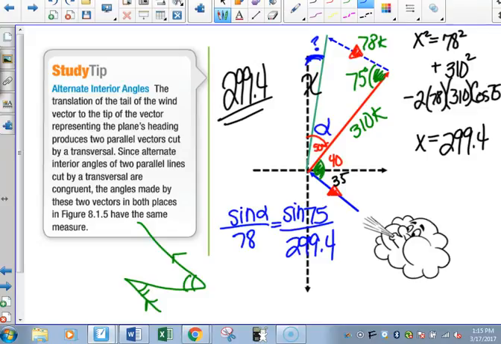Inverse sine. Nice use of vocabulary. 14.6 degrees. Anybody get that? Okay. But that's in our triangle. We want off of north. So what do we have to do? Subtract it from 50 to figure out what that little slice is that's left there. What'd you get?